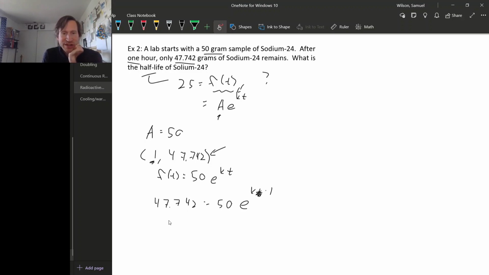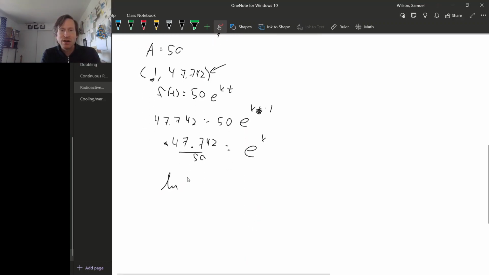Now divide both sides by 50. 47.742 over 50 equals e to the k. Now take natural logs. We get natural log of 47.742 over 50 equals k.